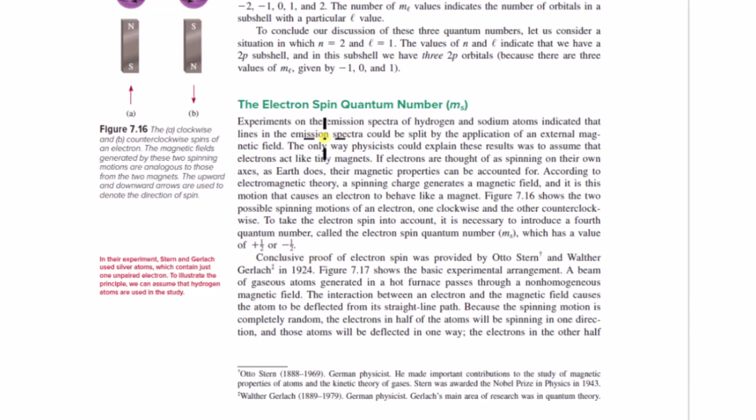So again, the emission spectra of the hydrogen and sodium atoms indicated that the lines could be split by the application of an external magnetic field. And the only way they could explain this was by thinking about the electron as spinning. And they know that a spinning charge produces a magnetic field, right? Because they need to be able to predict the emission spectrum with this electron configuration model.